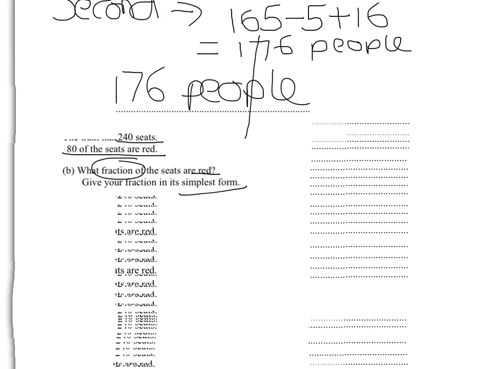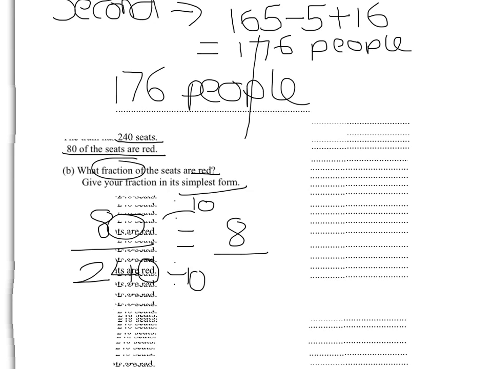Well, all fraction means is that 80 out of 240 seats are red. 80 out of, that's what fraction means. So in this case, I would divide by 10, both the numerator and the denominator, to get 8/24.